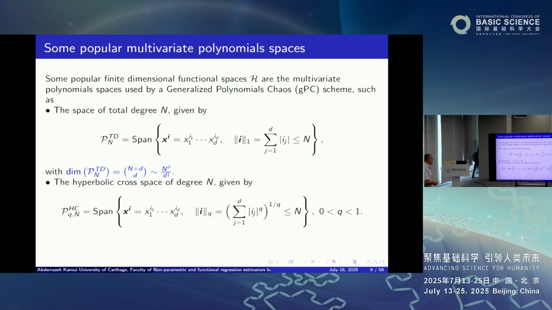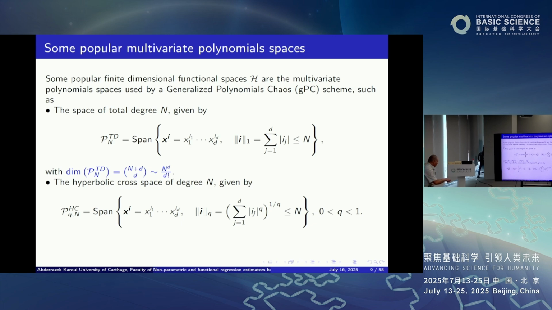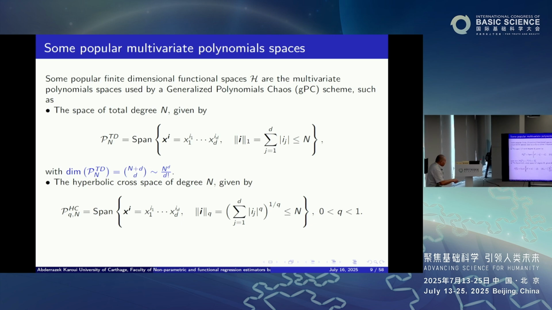A better multivariate polynomial space is the hyperbolic cross space of degree n. The difference is that you sum up the qth norm of the indices, which must be less than or equal to n. This is the hyperbolic cross space of degree n, which has a much lower dimension.